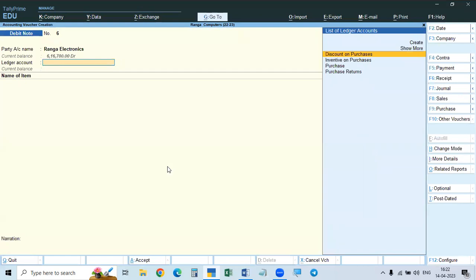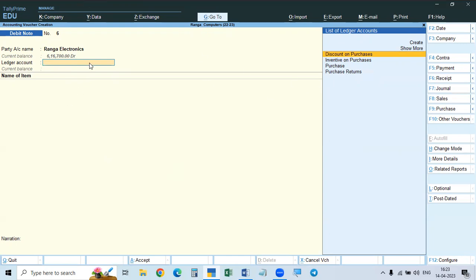And here also you have to take sales, because we are increasing the sales value. In the previous example we reduced. In this example, we are increasing quantity, means we are increasing the sale value. So only for returns we take sales returns. For all others, we have to take only the sales account. So for the ledger account, we have to take sales. But since it is a debit note, it is showing purchase. For a credit note it will show sales and sales returns, for a debit note it will show purchase and purchase returns.